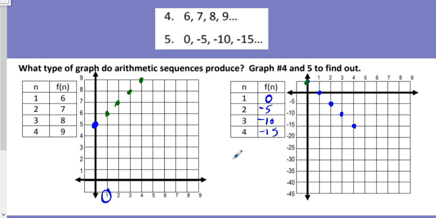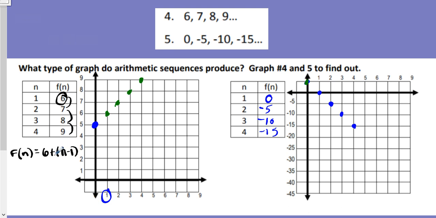So if I look at the sequence formula, my sequence formula here had a common difference of 1. So I have f of n equals my first term, 6, plus 1, I'm sorry, 6 plus n minus 1.